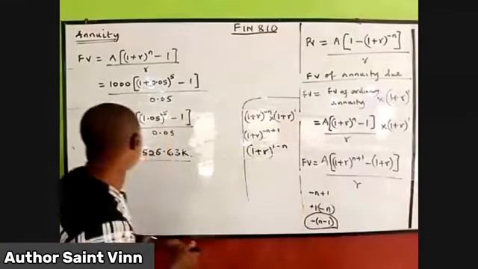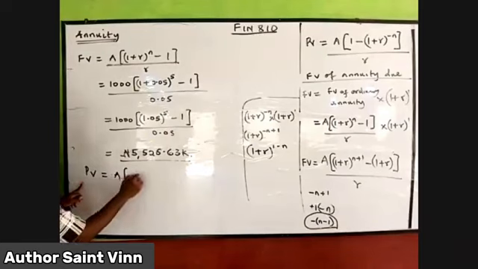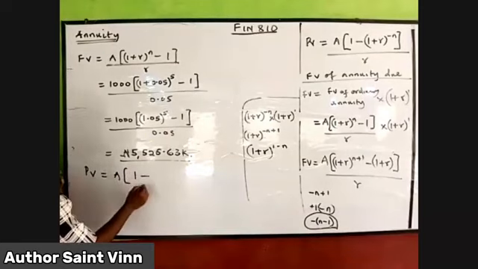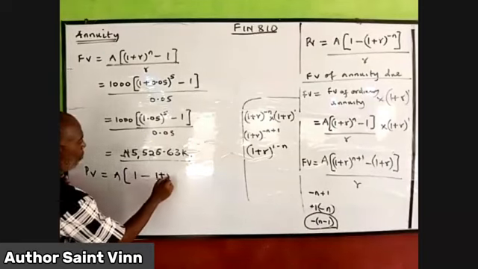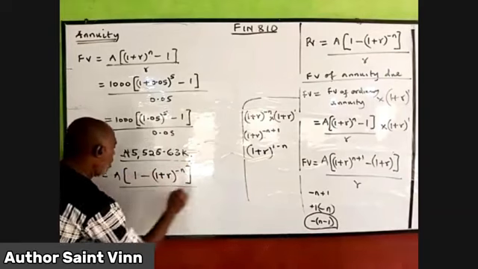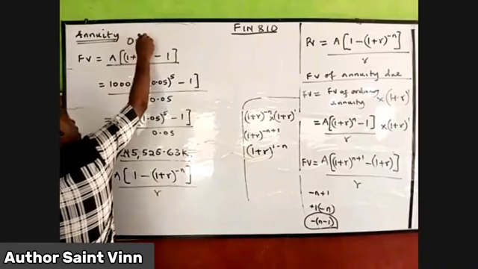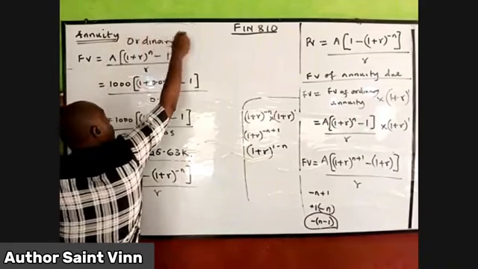Like I was saying, this is the formula: present value of ordinary annuity is A times 1 minus (1 plus r) raised to the power minus n, all over r. All these we are doing are ordinary annuity.